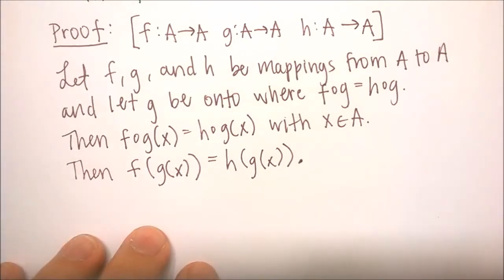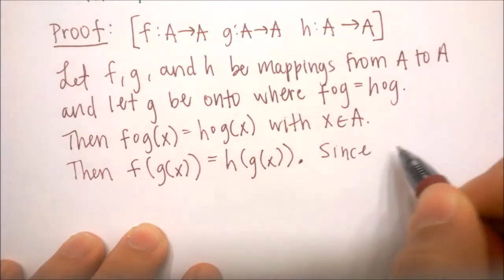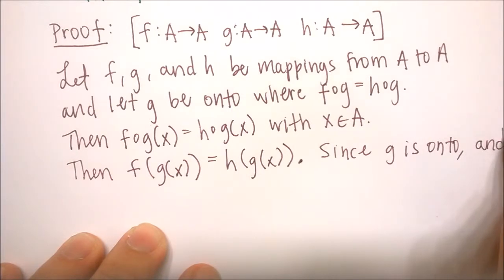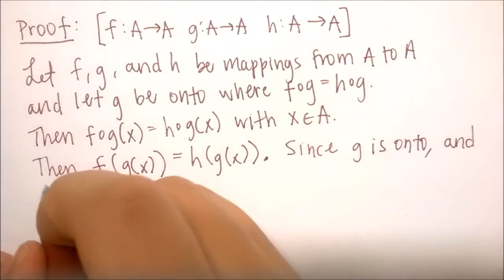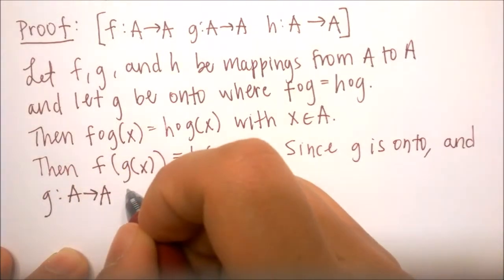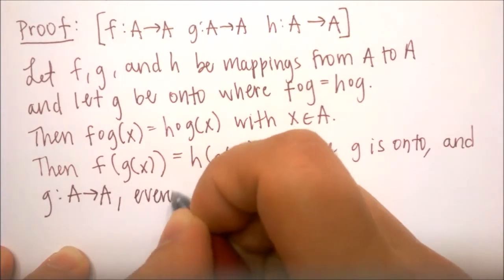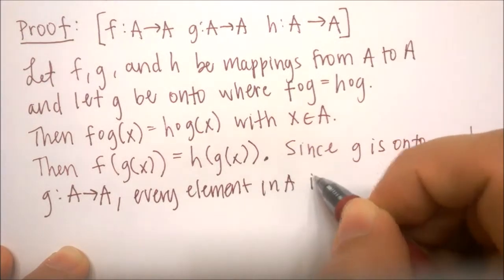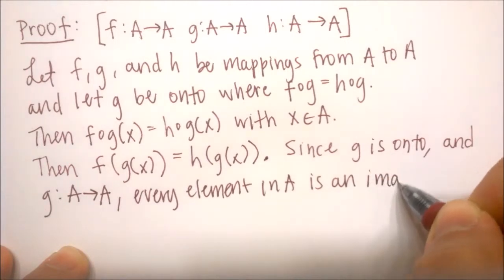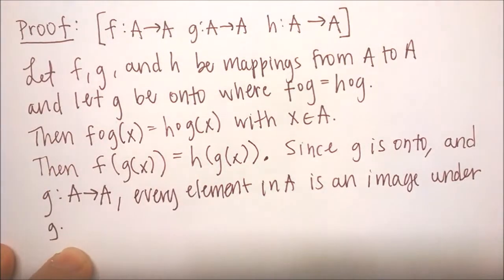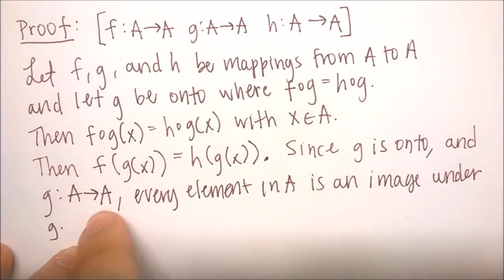So we can say since G is onto and G is a mapping from A to A, every element in A is an image under G. So since it's onto, remember that if it's onto, it means every element in the codomain is mapped to by some element of the domain.